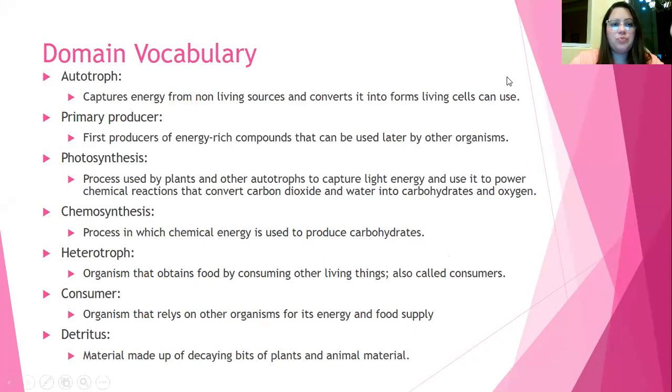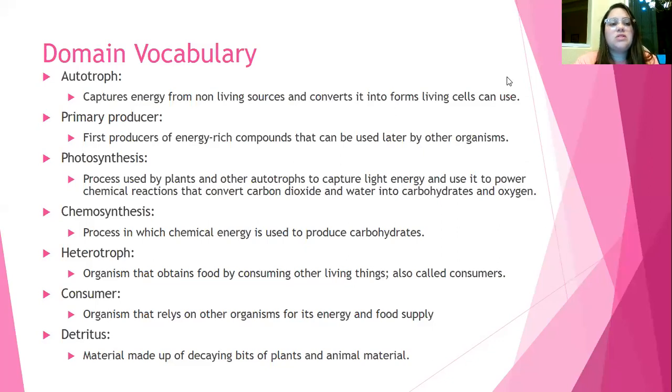So autotrophs, primary producers, photosynthesis, chemosynthesis, heterotroph, consumer, and detritus. So autotrophs are living things that can capture energy from non-living sources and convert that energy into living cells. So autotrophs are organisms like plants, some bacteria, and algae.